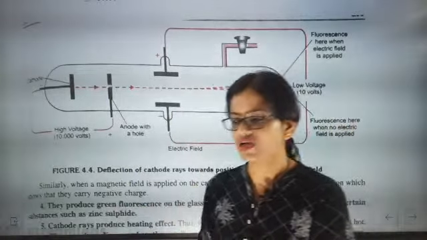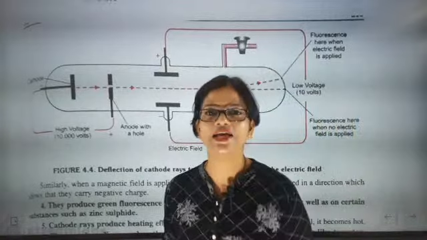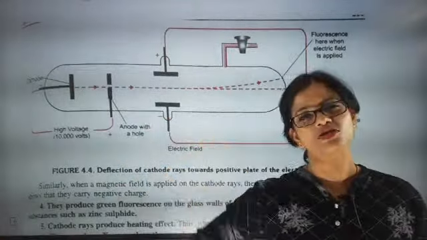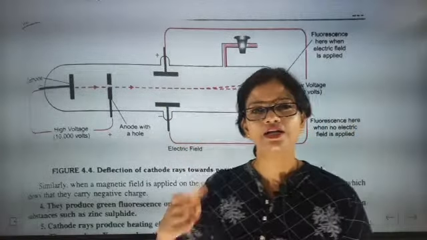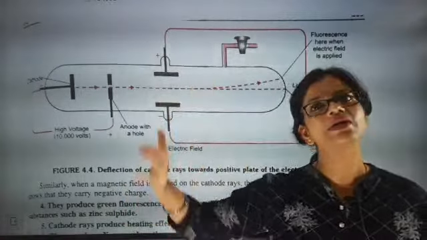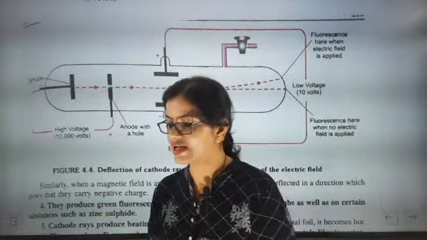With that also we will come to know, but the most important thing is the electric field, having a positive terminal and a negative terminal. The cathode rays are deflected towards the positive side and move away from the negative terminal, which gives concrete proof that cathode rays are negatively charged.